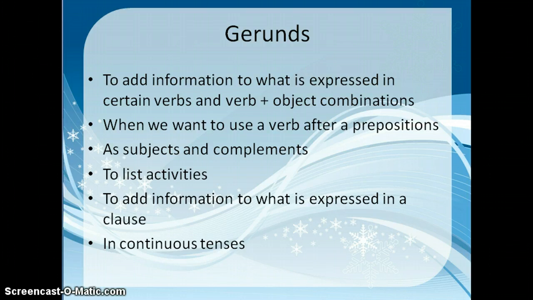She's not interested in to dance, she's interested in dancing. We can also use them as subjects and complements, very common at the beginning of clauses and sentences to list activities, to add information to what is expressed in a clause, and in continuous tenses. For example, present continuous goes with the verb to be and the verb in gerund form.